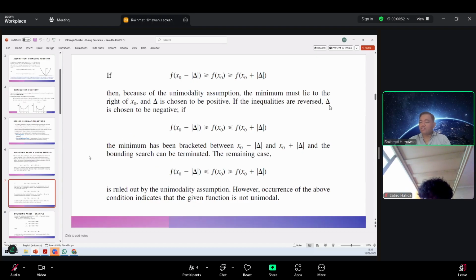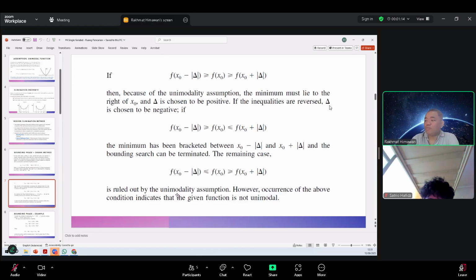So here, let's continue. Here, the last one, the remaining case, where f(x0) is actually greater than f(x0 minus delta) and f(x0 plus delta), so this is actually a higher value. That means it's not convex anymore.